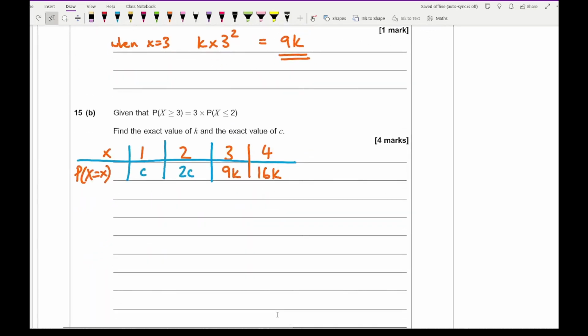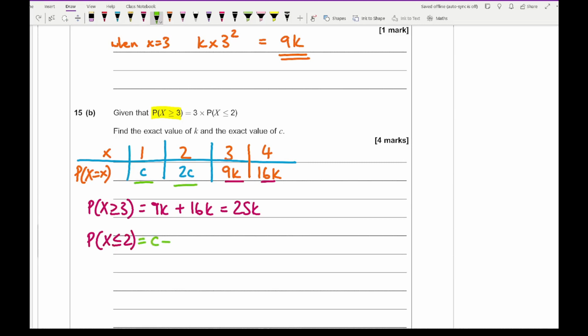Then from this, what I then need to do is work out the components of these. So here the probability of x being greater or equal to 3 is basically adding these two things here, so that's going to be 9k plus 16k, which is 25k. And the probability that x is less or equal to 2 is going to be this plus this.